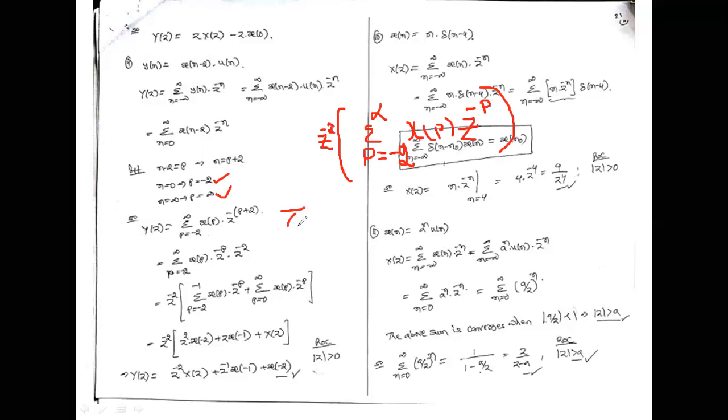Okay, so z power minus 2 we can multiply with the before value if I am taking here. So here the sum over p equal to minus 2 to infinity of x of p z power minus p.